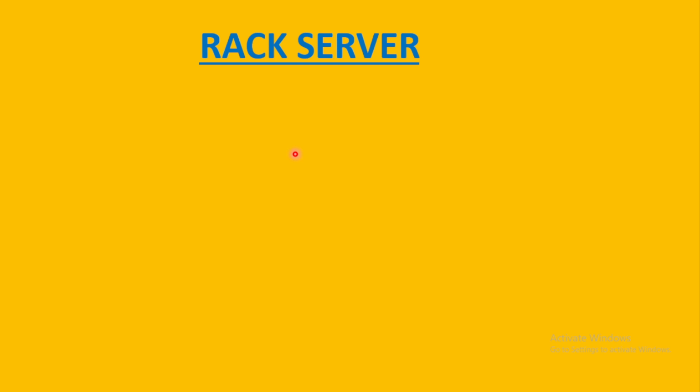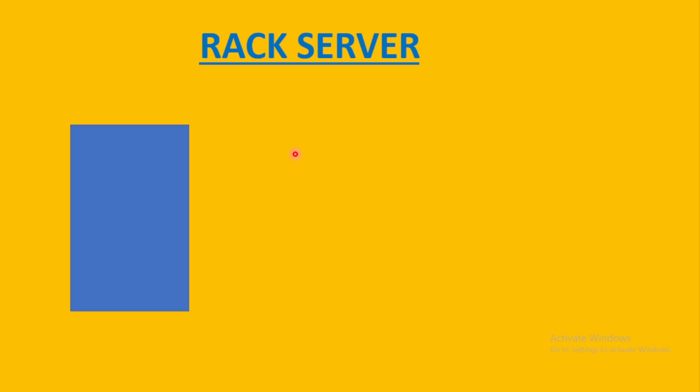Before going to VMs, we'll take a small example. Suppose you have bought one rack server, which is mostly used in data centers. You buy a rack server with 500 GB RAM and you installed one SAP system in that server.